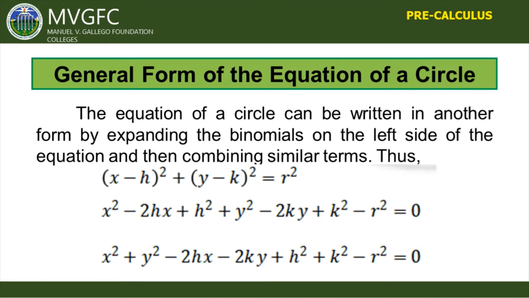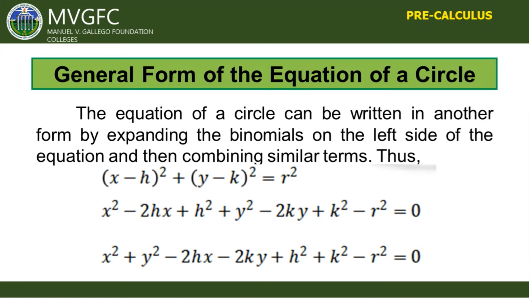And then you can use the addition property of equality or the transposition method. In this case, I simply use the transposition method, in which r squared, I put it on the left side, or transpose it to the left side of the equation, so it became negative r squared. So simply arrange your given so that we now have x squared plus y squared minus 2hx minus 2ky plus h squared plus k squared minus r squared is equal to 0.